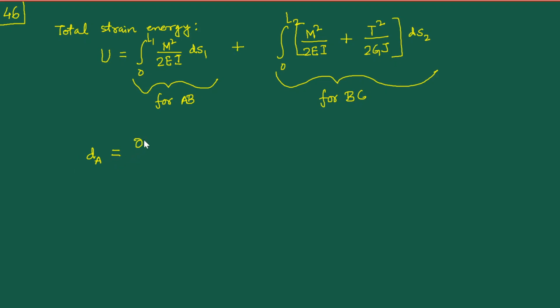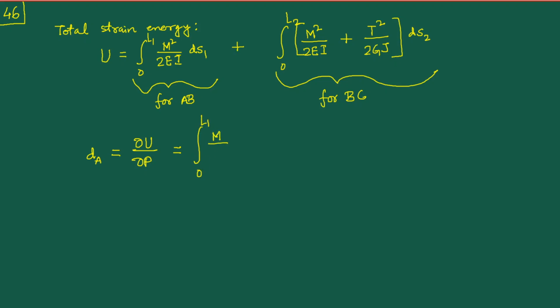Now if you try to find out the deflection at the point A, all that you have to do is carry out this differentiation of the total strain energy U with respect to the force P, which is applied at the point A. Let me write one intermediate step.